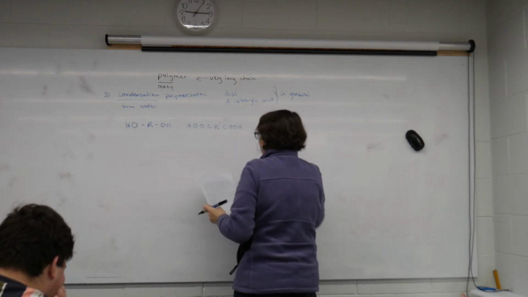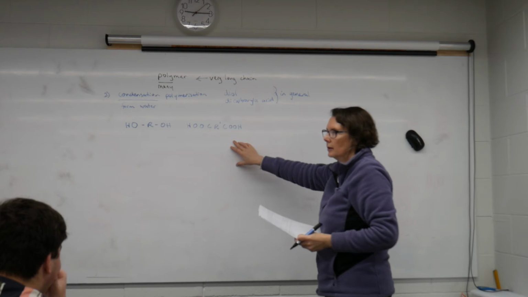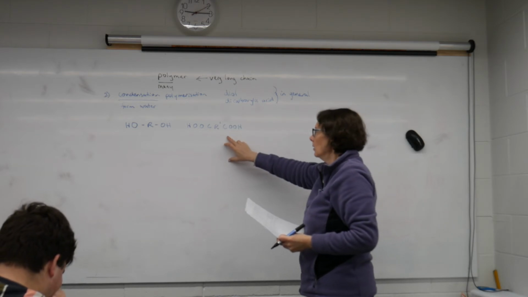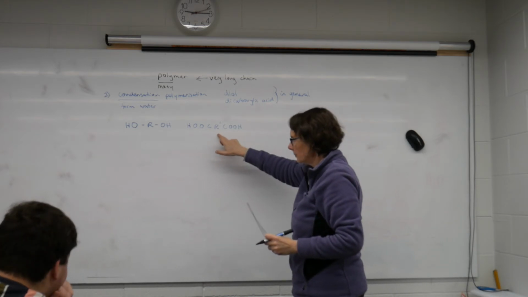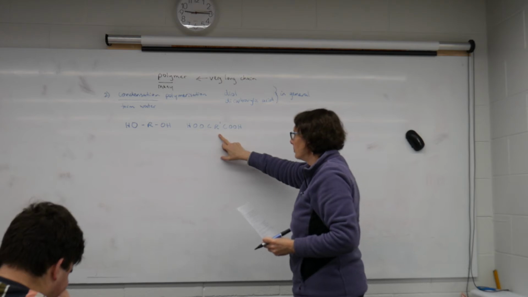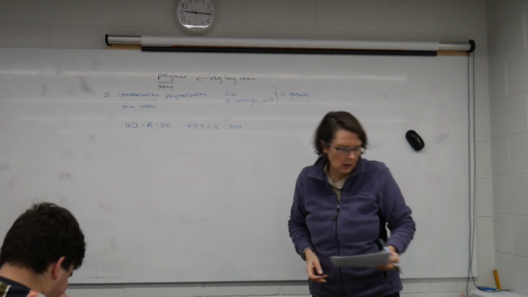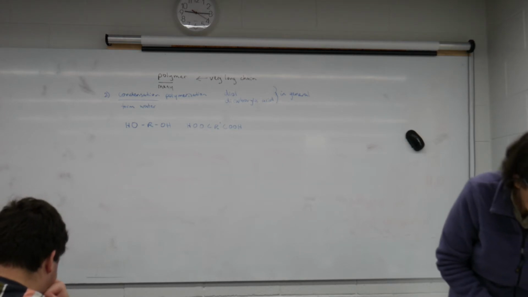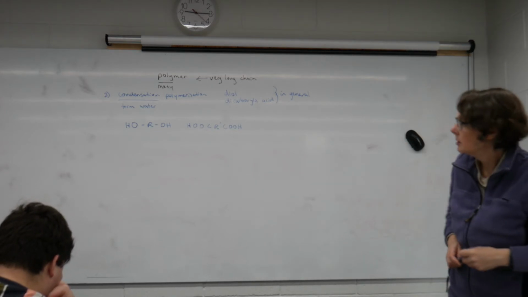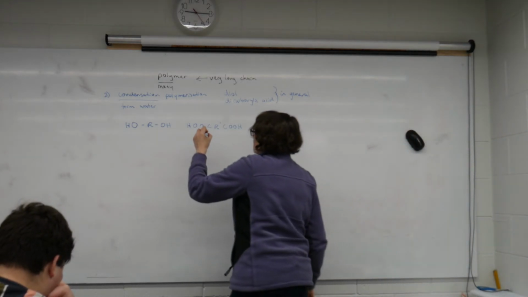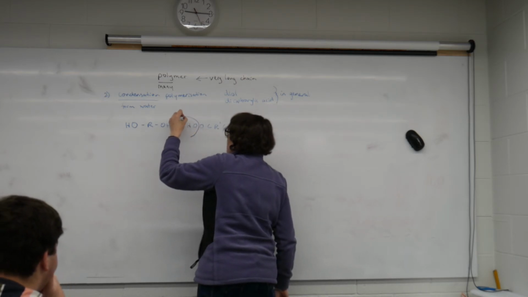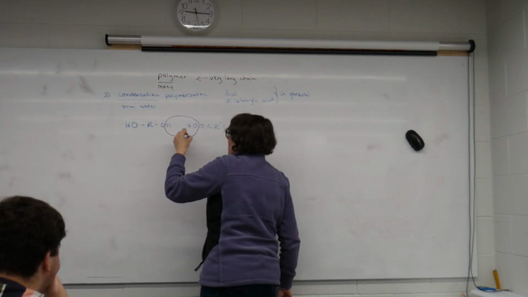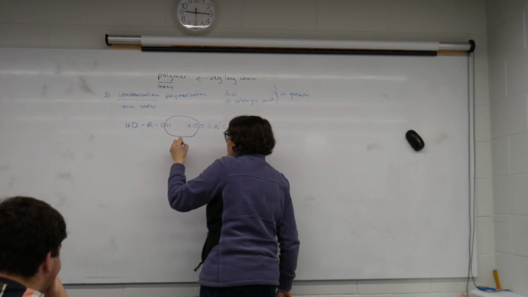And now we've got a dicarboxylic acid, same thing, where I'm representing the middle part of the molecule with R prime. And what happens here is this is where we're going to lose the water.